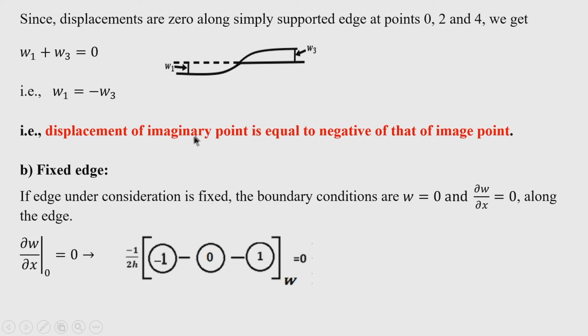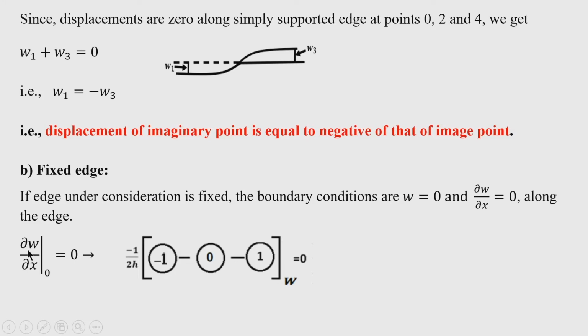Now we come to the fixed edge condition. In the fixed edge condition, two conditions generally have to be satisfied. One is that deflection is 0, and the other is that the slope along the normal to the edge should be 0. So, if the edge x is equal to a is fixed, then W is 0 at this edge, and also del W by del x equal to 0.